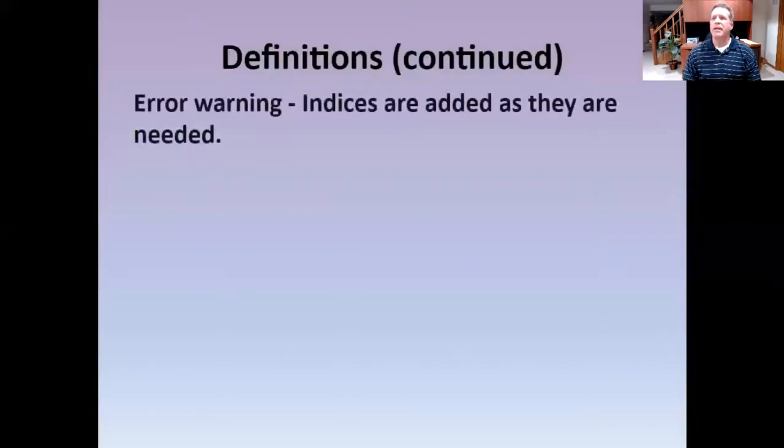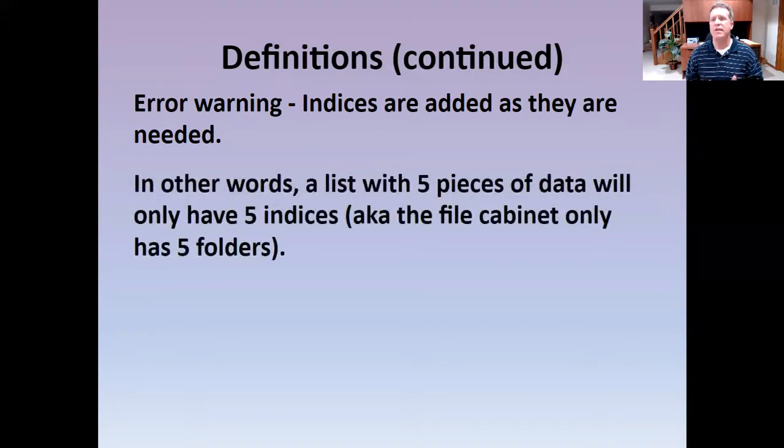Okay. Now, the last thing that we want to say about an index is that each index gets added as it's needed. So if I have a list that has 5 things in it, there's only going to be 5 indices. All right. So if I take that list with 5 things in it and I tell the computer, look at index number 6, or I say, go to the file cabinet and look at folder number 6, and the computer only finds 5 indices, that's going to cause an error.